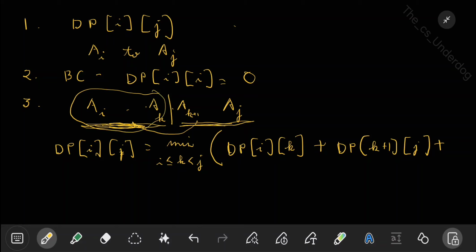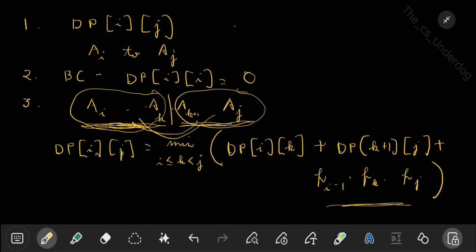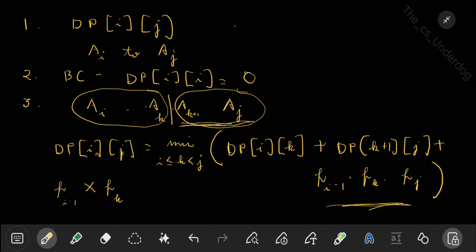One resultant matrix is on the left side, one resultant matrix on the right side. I want to multiply these two matrices. Then we already know the scalar multiplications required will be p[i-1] into p[k] into p[j]. How did I know this is the total number? That is because the dimension of the resultant matrix from ai to ak will be p[i-1] cross p[k]. This is already known from the rule of matrix multiplication.